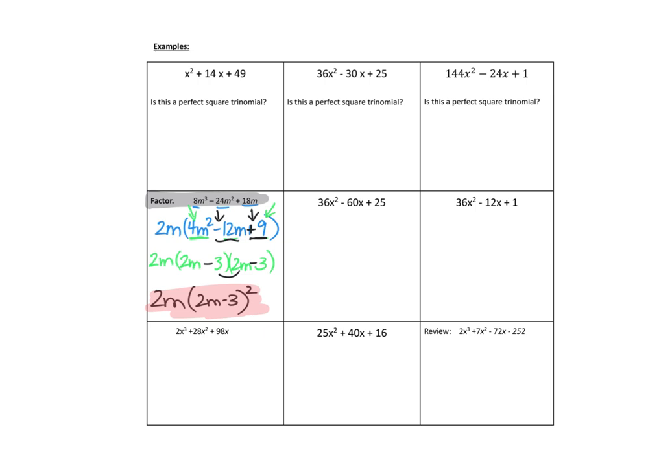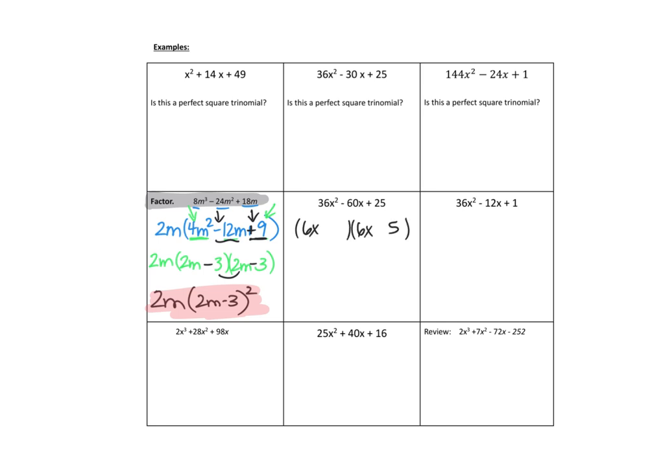All right, let's try one more. Let's try the one right next to it. First thing I notice is those are perfect squares. So let's try that. I have 6x and 6x and 5 and 5. And remember, it's got to make a 60. If I have a 30 and a 30, that's definitely going to make a 60.